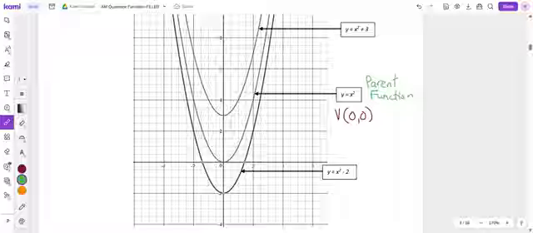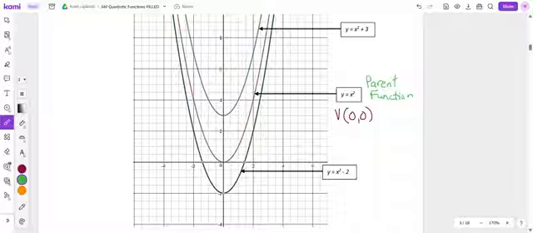So we haven't moved it up or down, haven't moved it side to side, diagonals. We haven't changed the shape. So we've just discovered that the K value, which comes after the x squared, moves the parabola up or down.